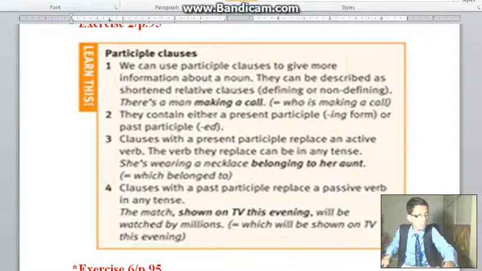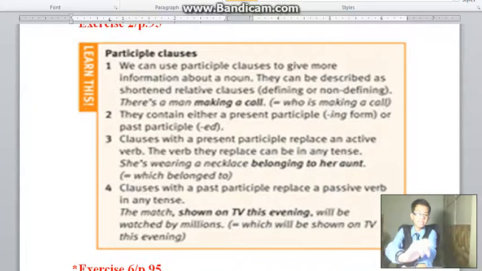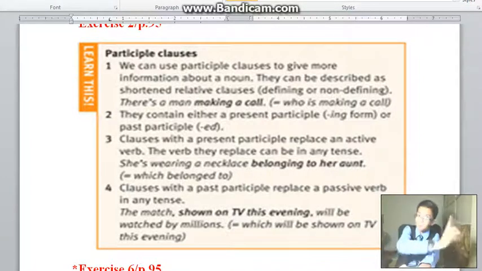It was replaced by the phrase will be shown. So you can see that the clauses with the past participle can replace a passive verb in any tense. So the old sentence means the match, which will be shown on TV this evening, will be watched by millions. So which will be shown is the future simple but passive.